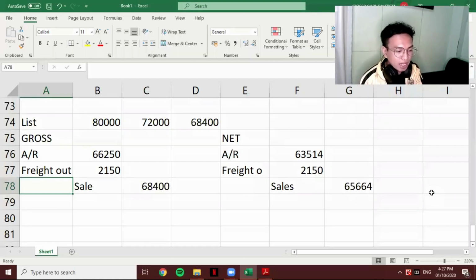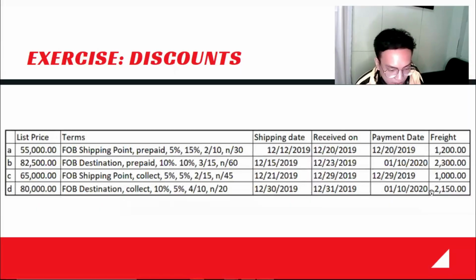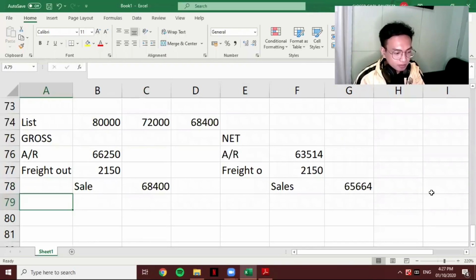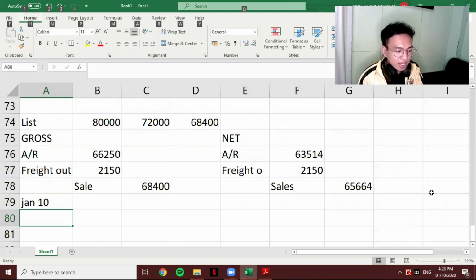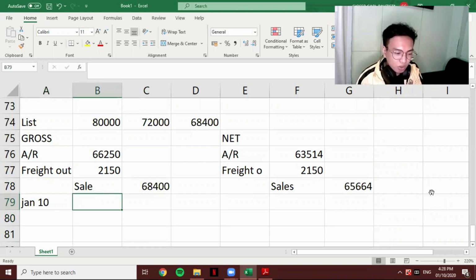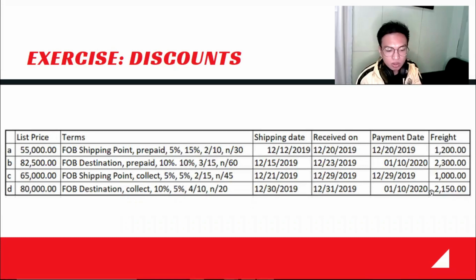So if that is the case, tingnan natin. January 10. It's outside the discount period. Again, you were only given 10 days. Kaso, 11th day ka nagbayad. Sir, paano mo binilang? Kasi po, may December 31 pa. Na plus 10, you will have 11 days. Okay, so it's outside the discount period.